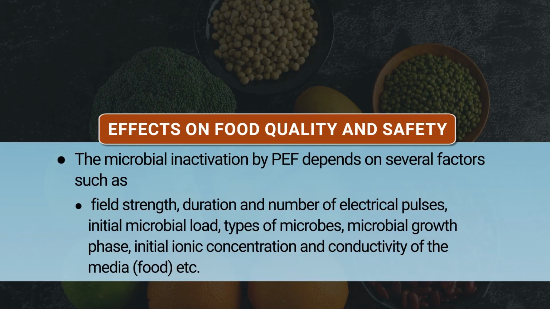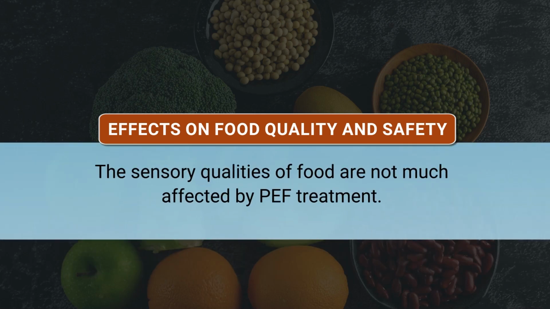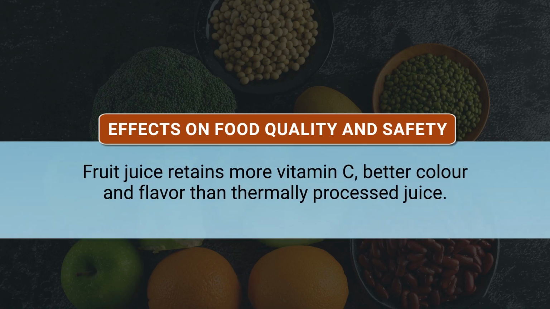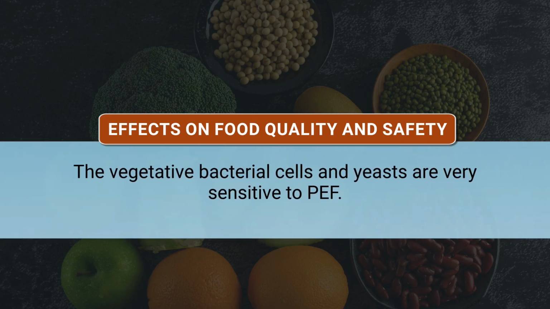Pulse width in unit of time multiplied by the number of pulses to be given will account for total process efficacy, what extent of processing we have done, and sensory quality, which is much better than conventionally processed food. They are heat sensitive, nutrients are better preserved, like vitamin C, flavors are better retained, vegetative bacterial cells it can very well inactivate, yeasts are also sensitive.